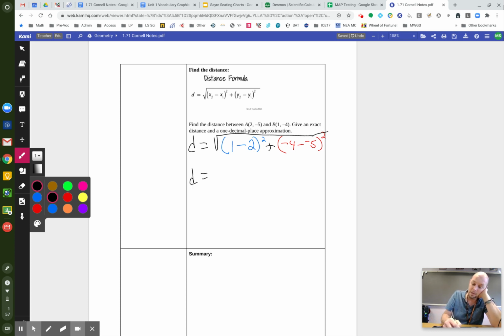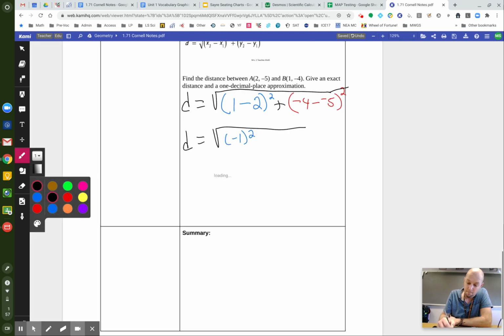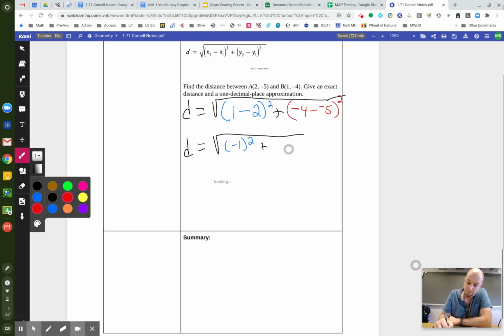If I keep simplifying, I get d equals the square root of 1 minus 2, which is negative 1 squared, plus negative 4 minus negative 5, which is going to be 1, because in math, two wrongs make a right. 1 squared, right?